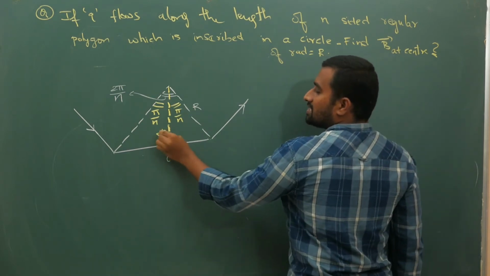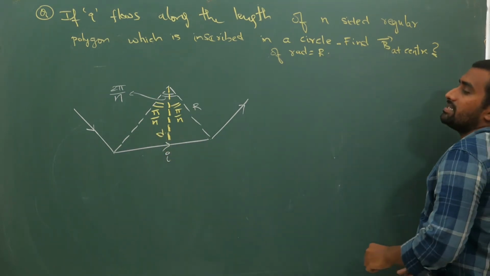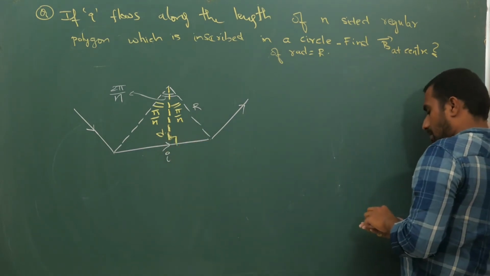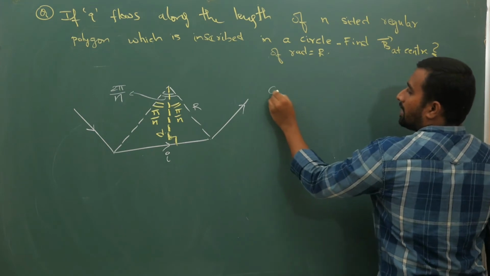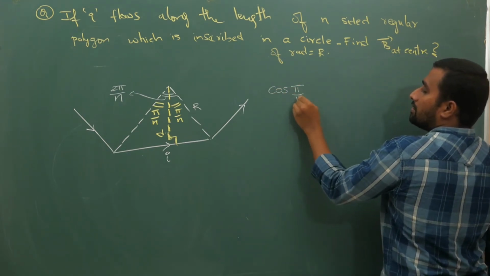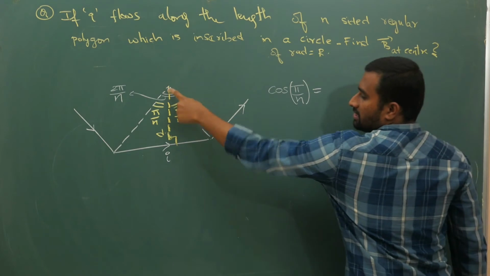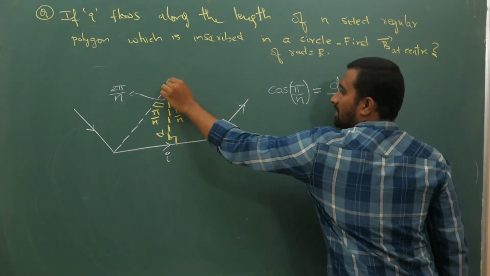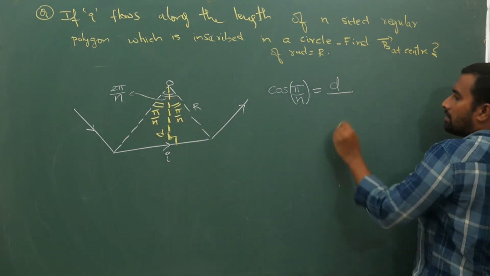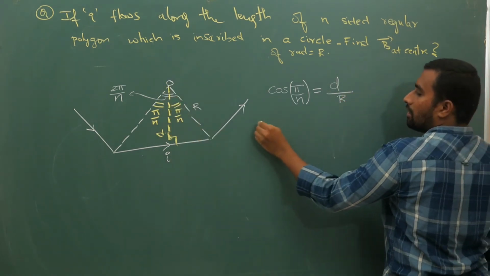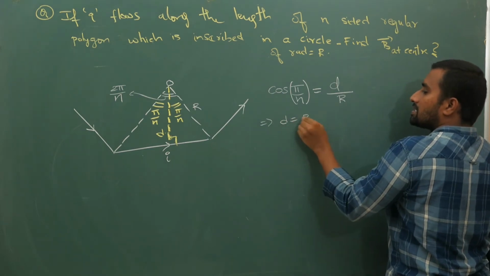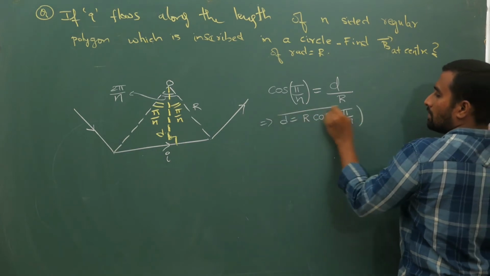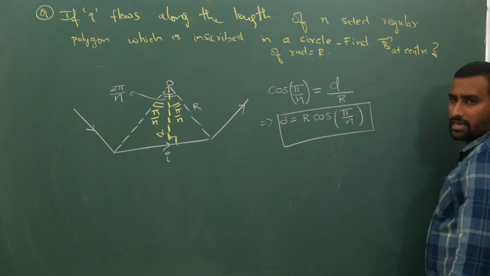If this distance is d, because it is a right angle triangle, you can apply cos pi by n, which is the perpendicular distance from the center to this wire by r. From here, d is r times cos of pi by n. That is going to be your d.